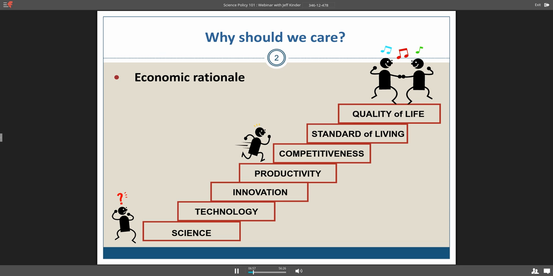Now, for those who have actually studied the processes of science and innovation, it's a much more complicated process. And in fact, the idea that innovation flows sort of naturally from science and technology has been largely debunked. But I still think, in terms of the overall context for why governments say that they're supporting science, the economic rationale is perhaps the most important one.